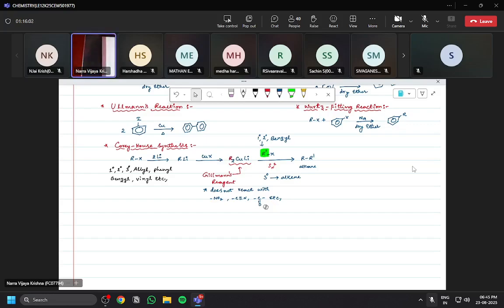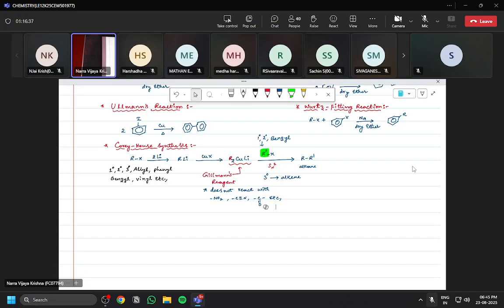Go to page number 71. So methods of preparation of haloalkanes from alcohols, all methods we have done, I think.